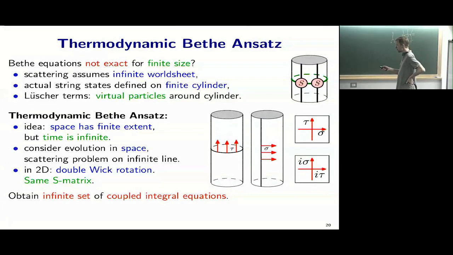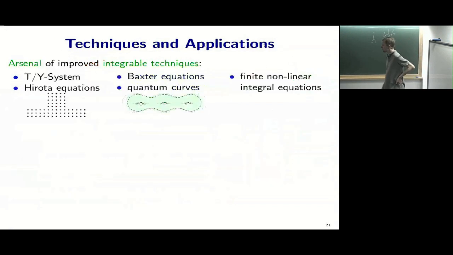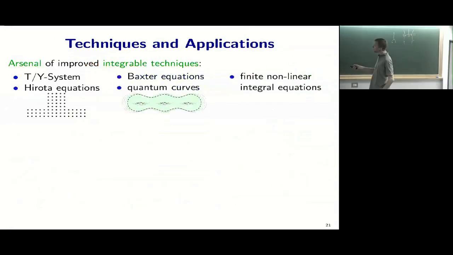One trouble is that it does give you exact equations, but these will be infinitely many equations on infinitely many quantities, which are a bit difficult to address. But then there's a whole array of methods from integrable systems to address such problems. There's a T-system with the Hirota equations. You can cast Bethe equations as Baxter equations.